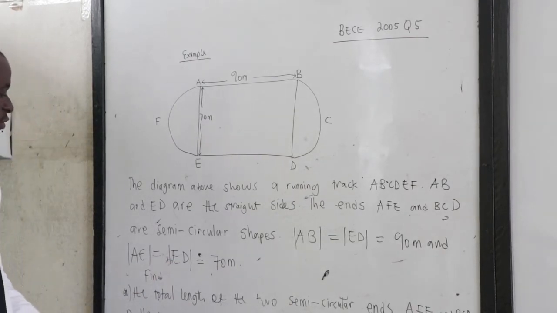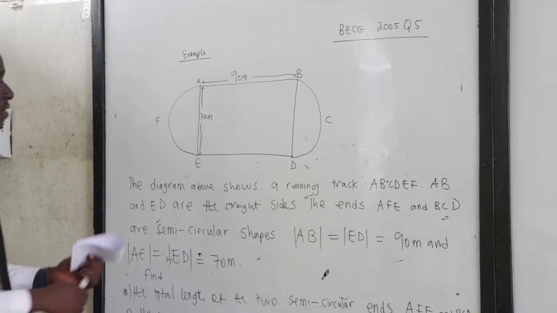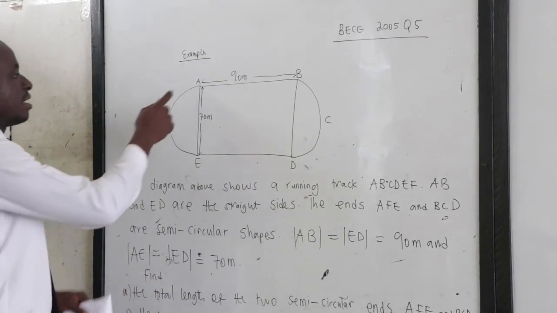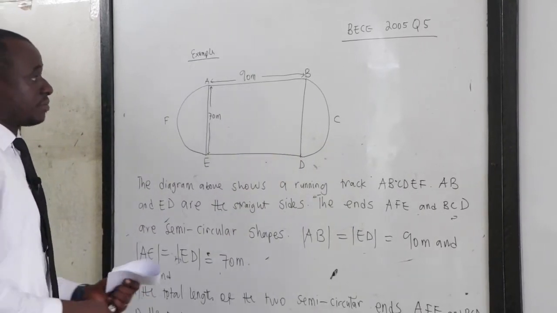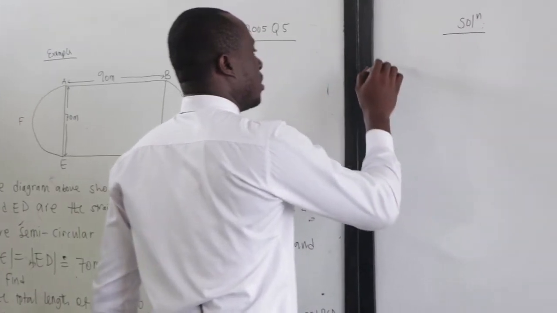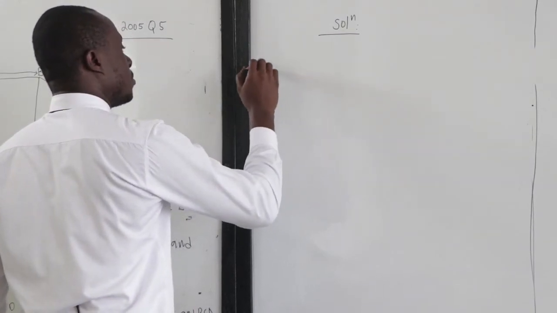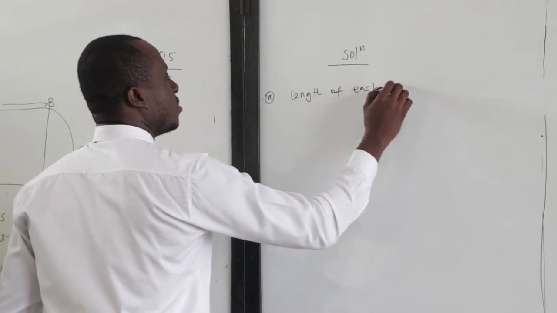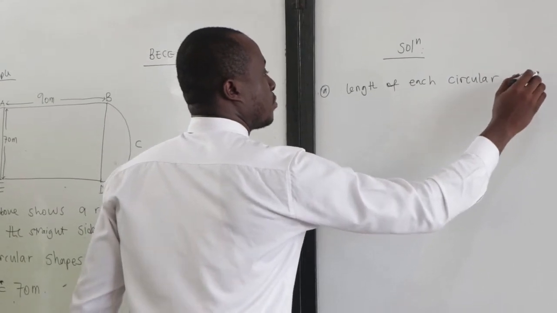The first one says you should find the total length of the two semicircular ends, that is AFE plus BCD. Let's carefully look at it. Let's get the length of each circular end.